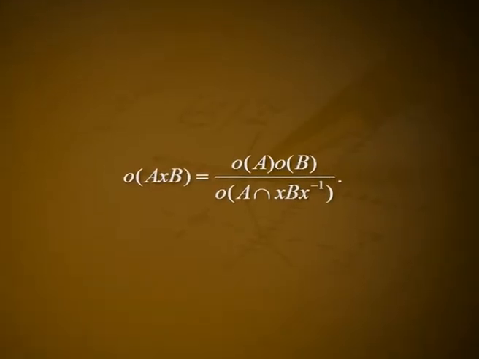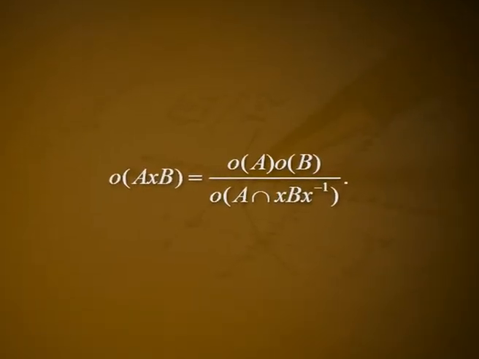Lemma 3. If A and B are finite subgroups of G, then the order of AxB is equal to the order of A times the order of B divided by the order of A ∩ xBx⁻¹. Proof. Consider the mapping T from AxB to AxBx⁻¹ defined by T(axb) = axbx⁻¹. Clearly T is 1 to 1 and onto.